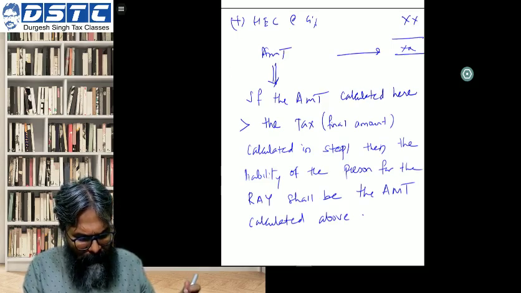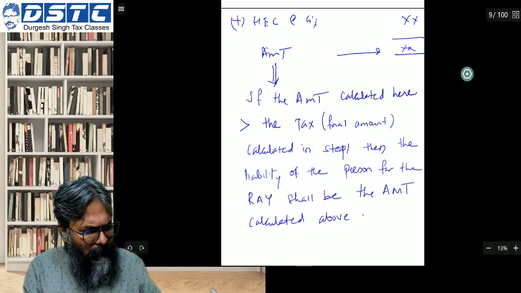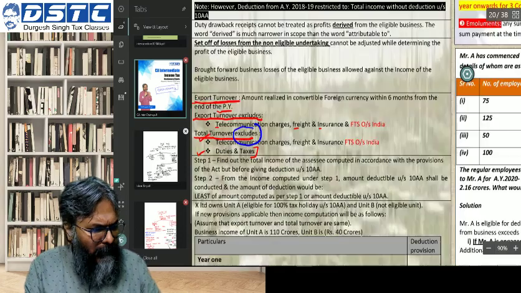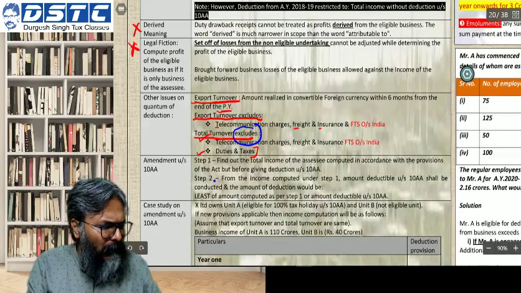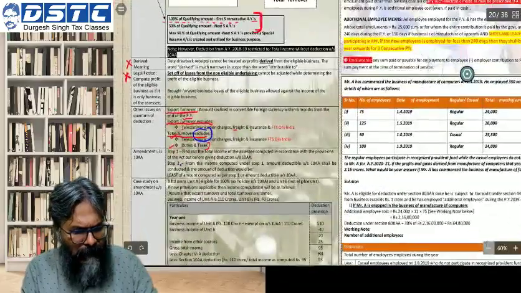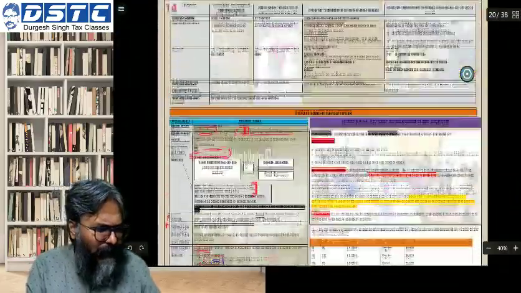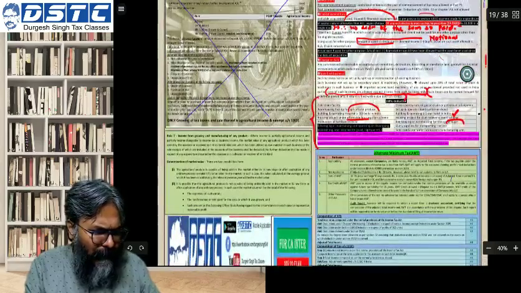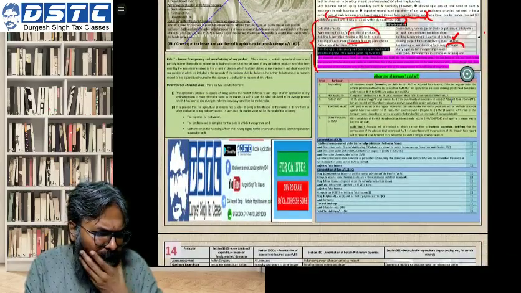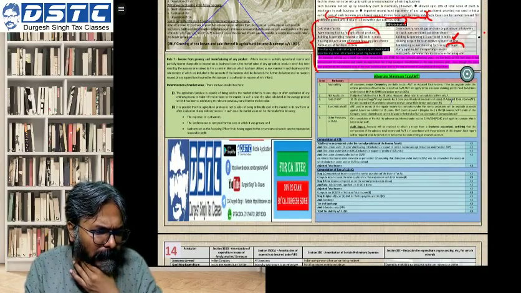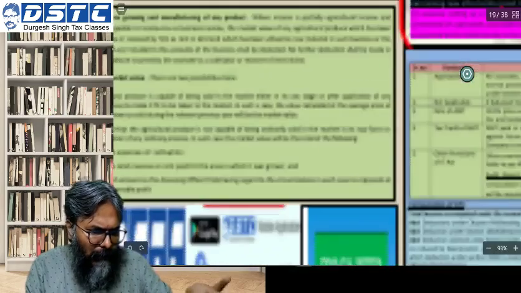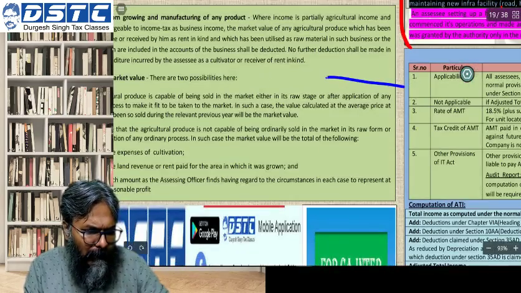Shall we substitute numbers in the step above? Substitute numbers means we will do a question itself herein. Now students, in this context, first we will look into our charts if there is any theory on AMT, and then we will look into this one. Students, in this regard, see the applicability part.